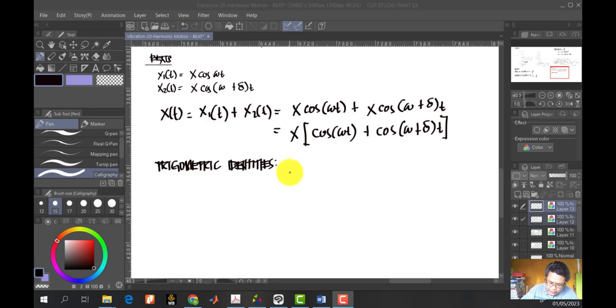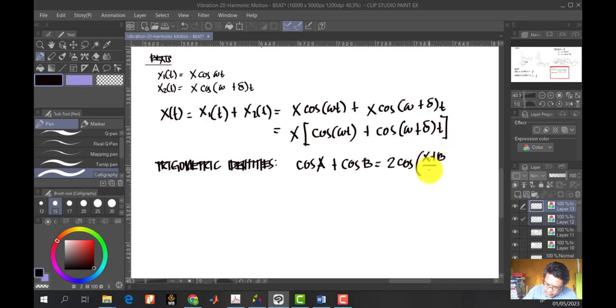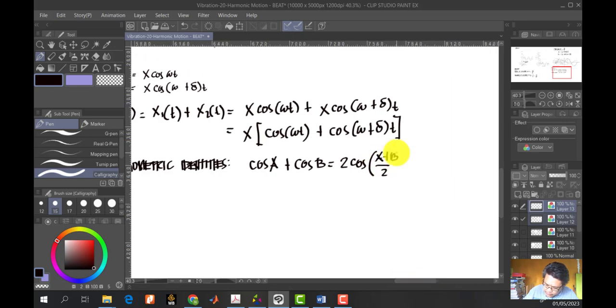Now I have my trigonometric identity: cosine of angle A plus cosine of angle B is equal to 2 cosine of (A plus B) divided by 2, multiplied by cosine of (A minus B) over 2.